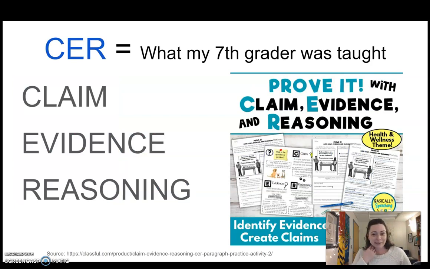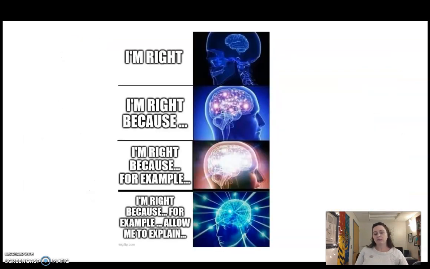What I thought was kind of fun is that my 7th grader was taught something really similar: claim, evidence, and reasoning. It's the same thing, but just a different acronym to help them remember. So if that's something you grew up with in the public school system, you can think of it that way if that's helpful to you.